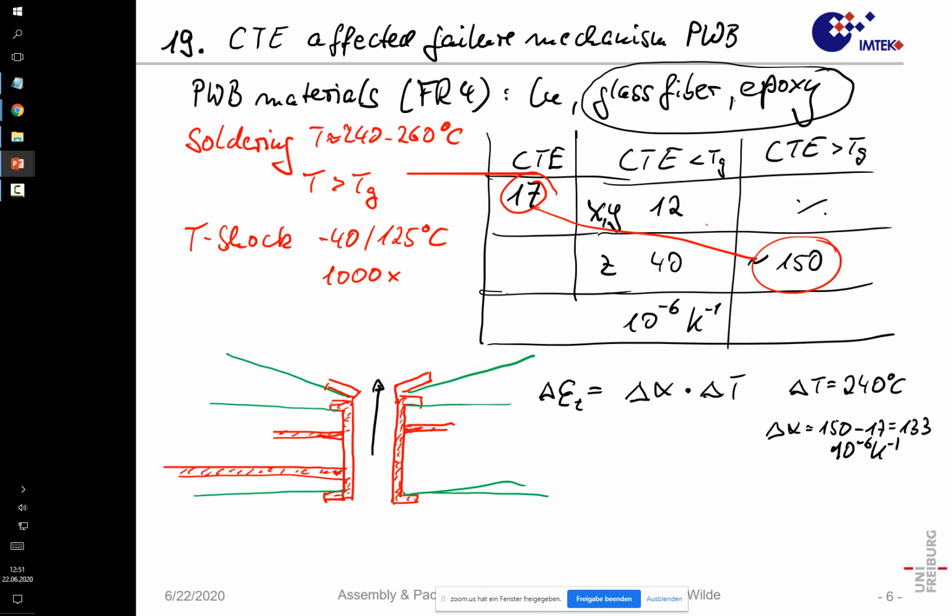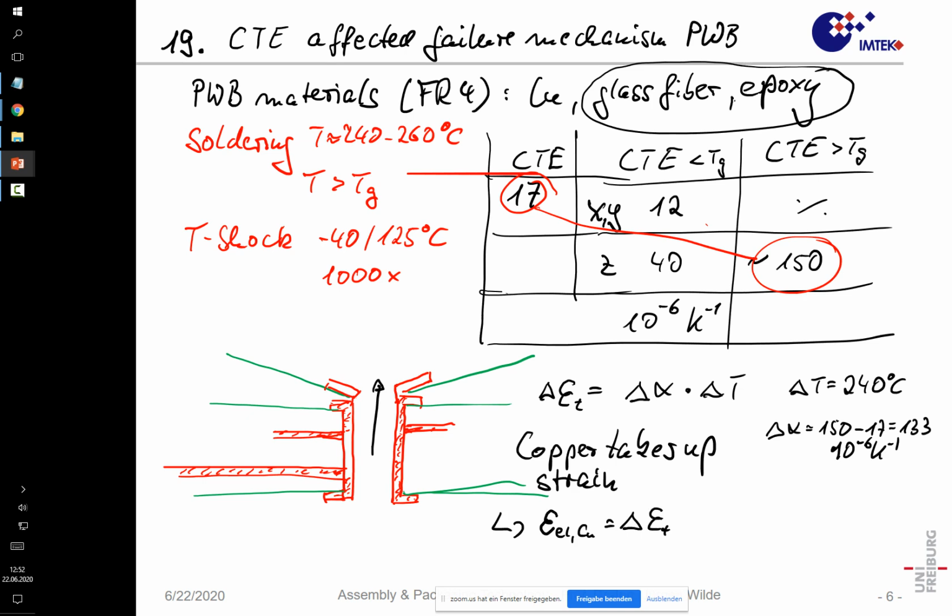Okay. Now that's a system where we can say the copper is a very thin structure. The copper will take up all of the strain. And that means the consequence is the elastic strain in the copper is the same as the thermal strain difference.